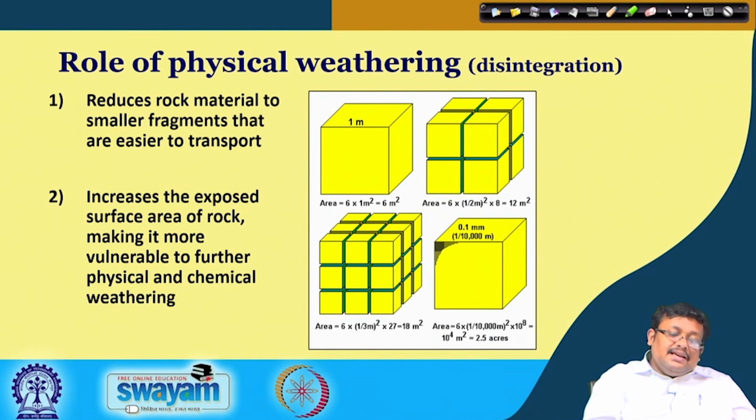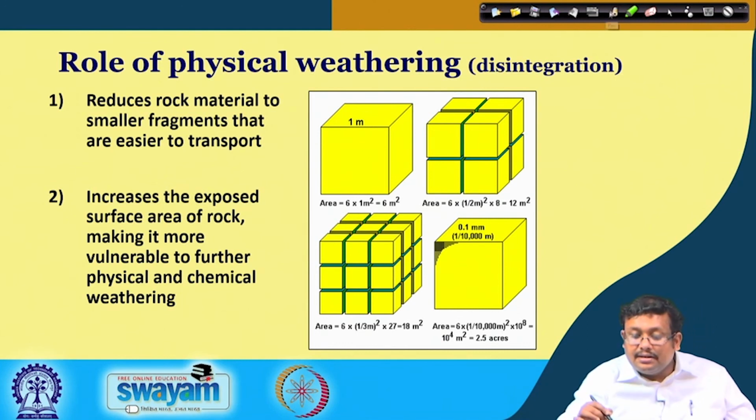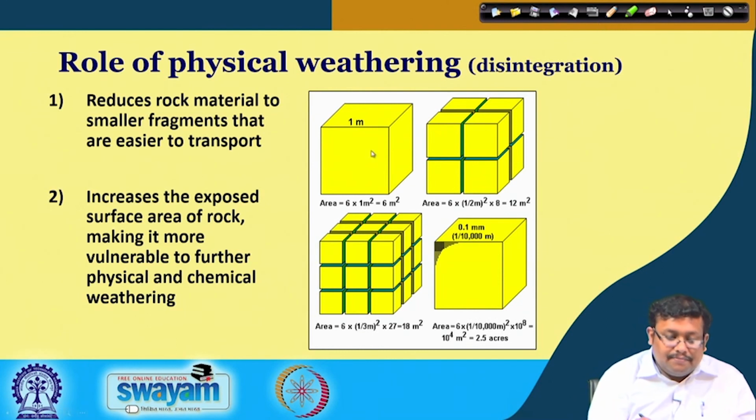Now, as you can see here, we have a cube of 1 meter size, and the total surface area of this cube is 6 square meters.